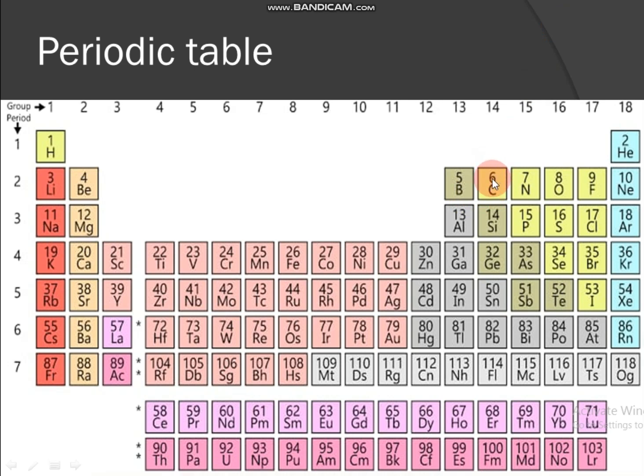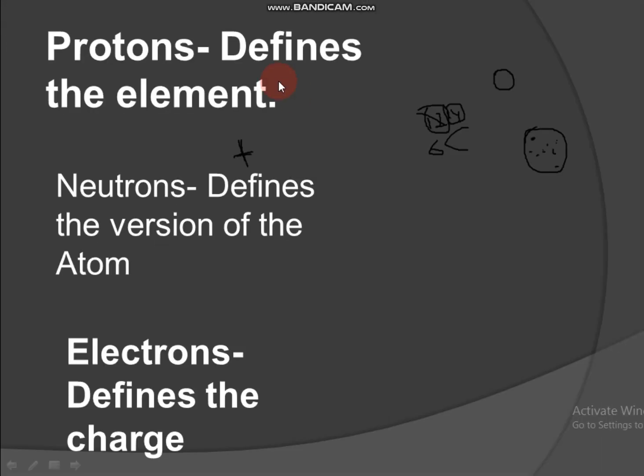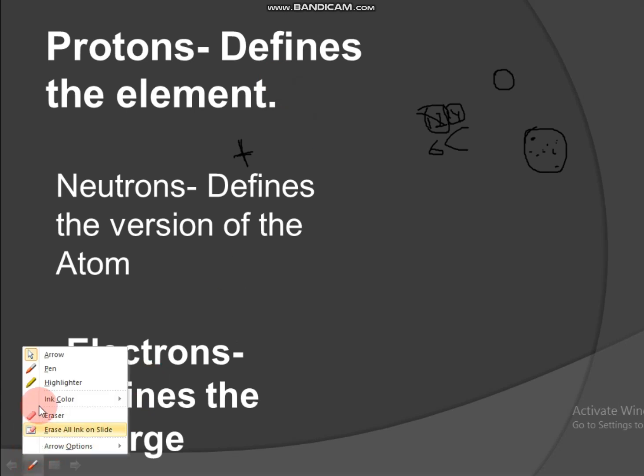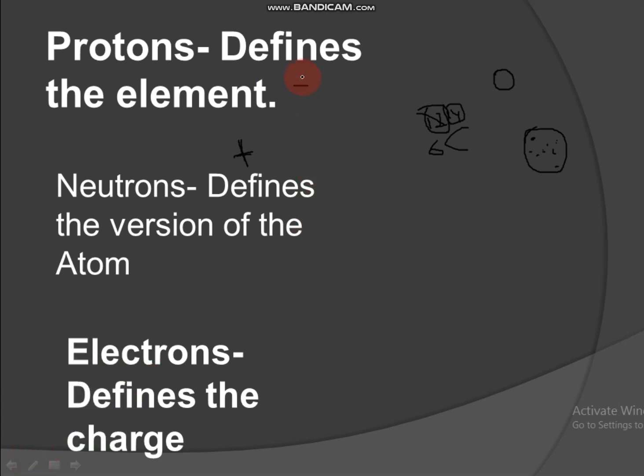This is the atomic number, which means the number of protons. Protons have a positive charge and electrons have a negative charge. If there are more electrons than protons, then the charge of the atom is negative. If there are fewer electrons, then the charge of the atom is positive. So the electrons define the charge.